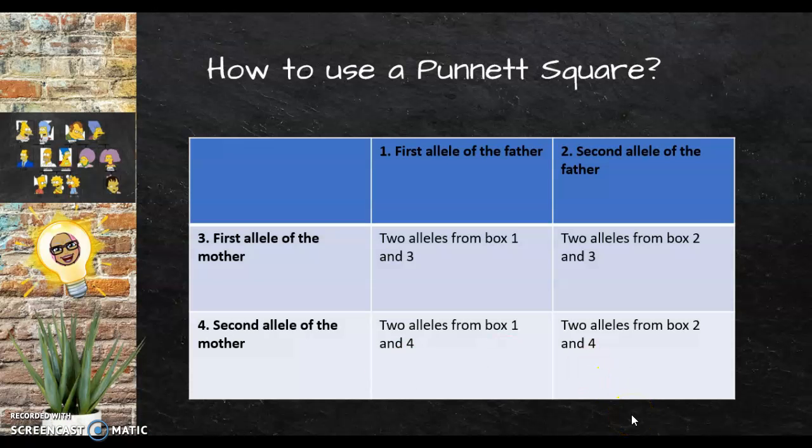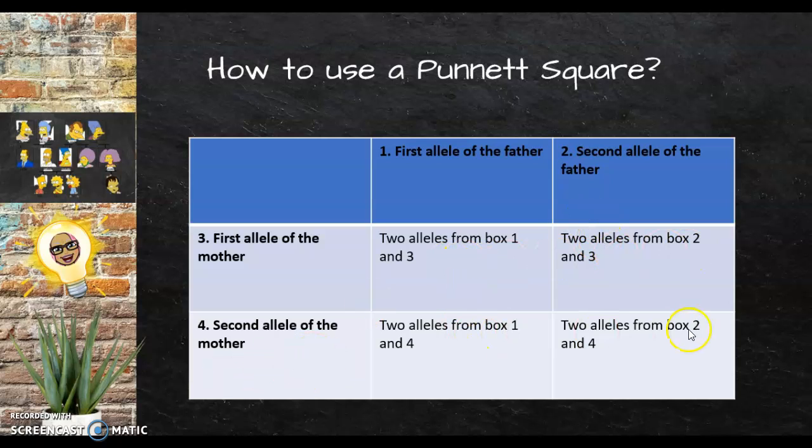How to use the Punnett Square. Here is a table that allows you to visualize how this Punnett Square is actually going to be created. You have your first allele of the father, then the second allele of the father in this block, the first allele of the mother in this block, and then the second allele of the mother in this block.